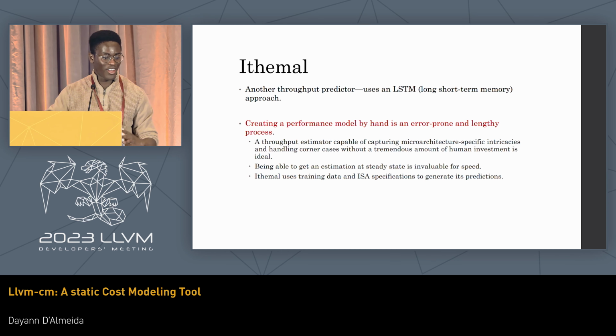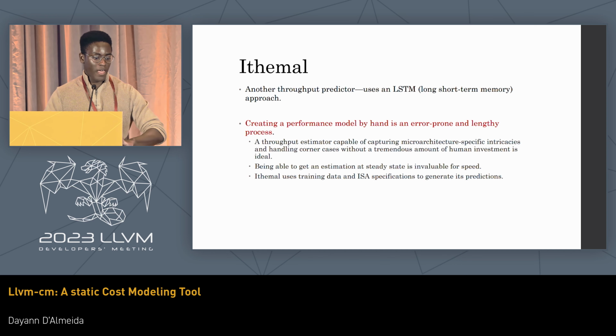So having something that doesn't have that much manpower invested into it, and getting estimation at steady state, is very helpful. ITHEMO uses information about the instruction architecture and training data and just generates predictions.